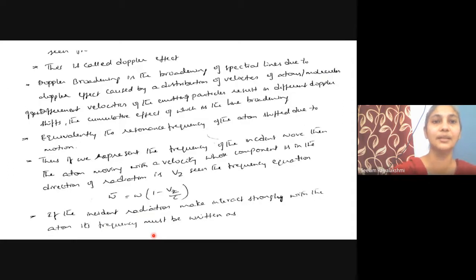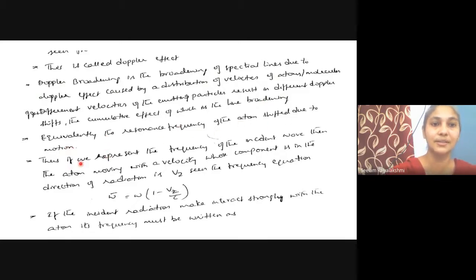This is the Doppler effect, and Doppler broadening is the broadening of spectral lines because of the Doppler effect. The velocity distribution of atoms or molecules is different, so emitting particles also result in different Doppler shifts. This effect is nothing but line broadening. Equivalently, the resonance frequency of the atom is shifted due to the motion.